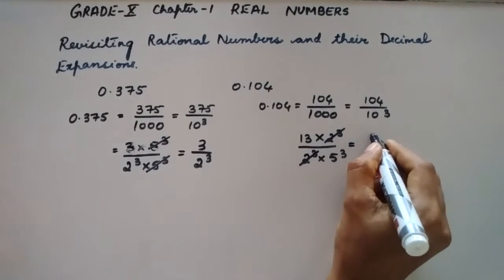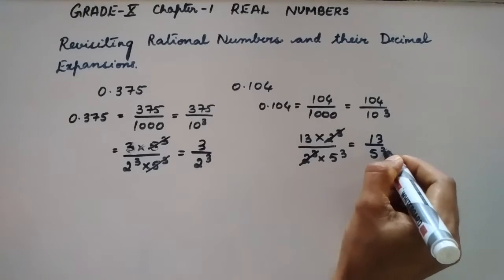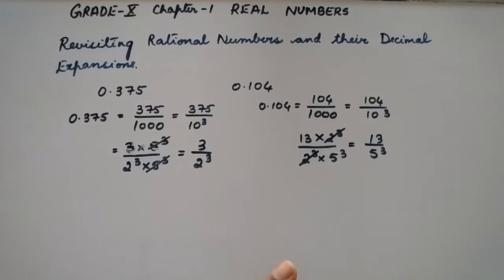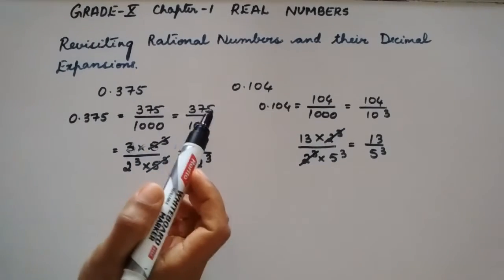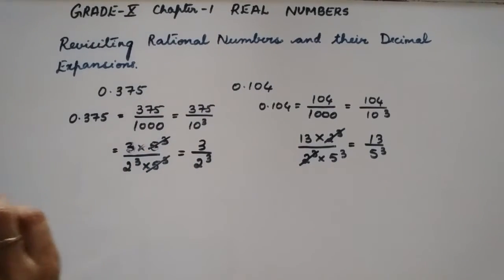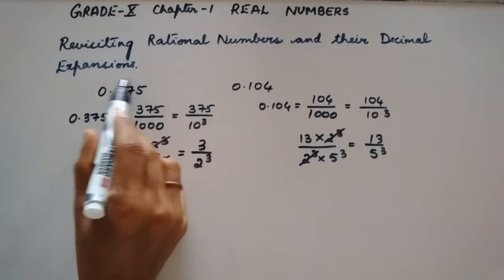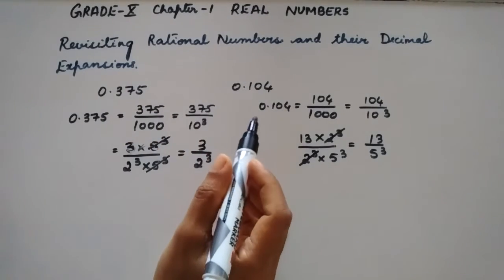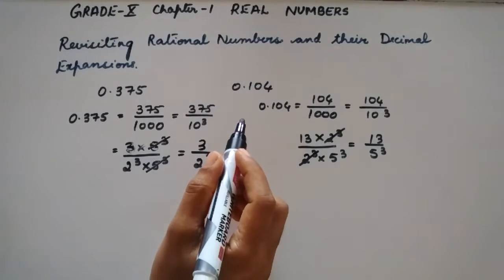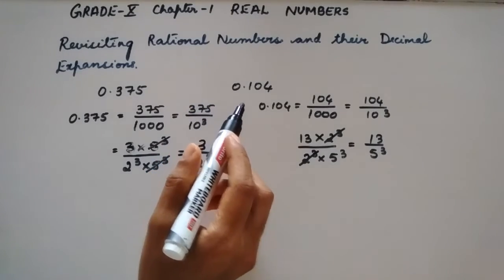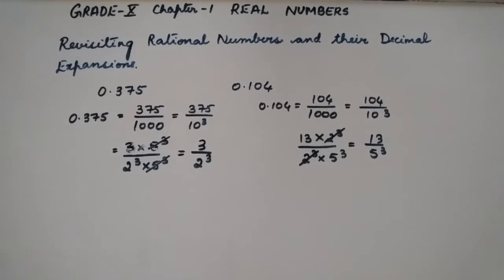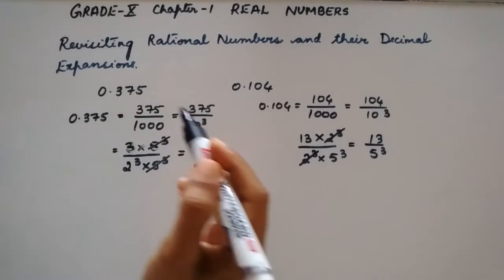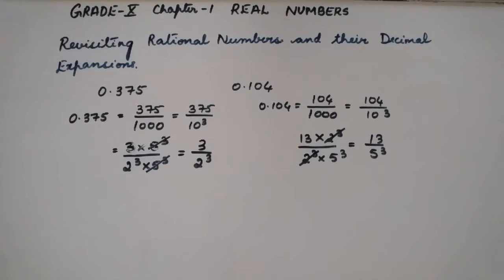So we get 13 by 5 to the power 3. So we have converted a real number whose decimal expansion terminates, both are terminating decimal expansions, into a rational number of the form p by q.